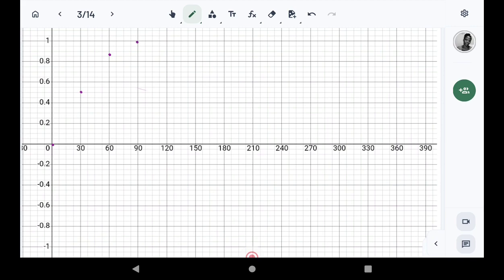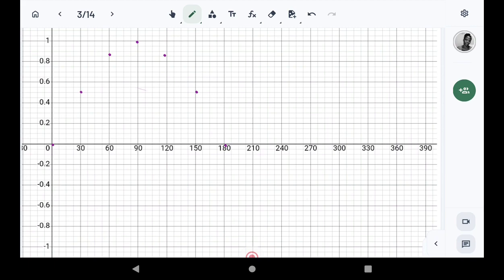It goes back to 0,87, then down to 0,5 at 150, and then 0 at 180 degrees.